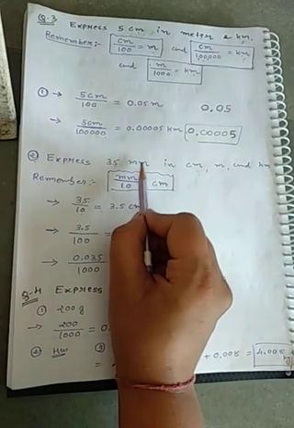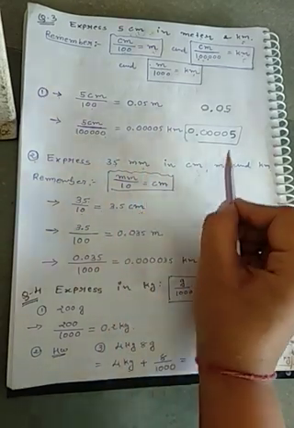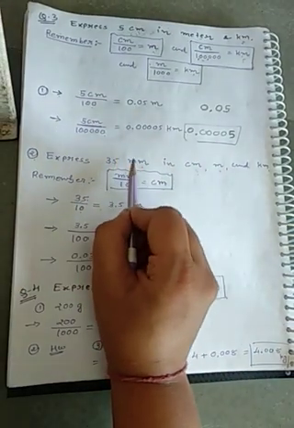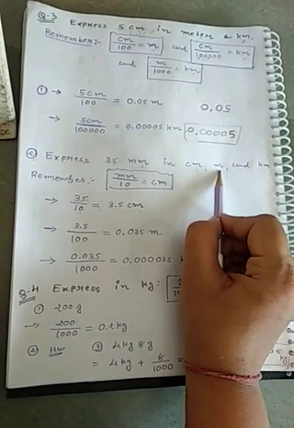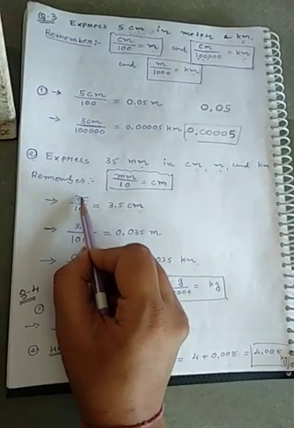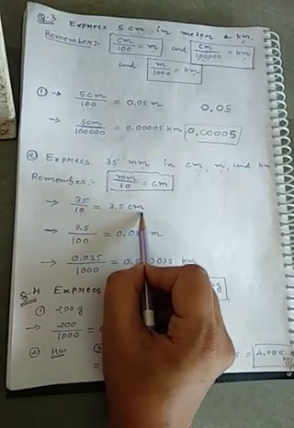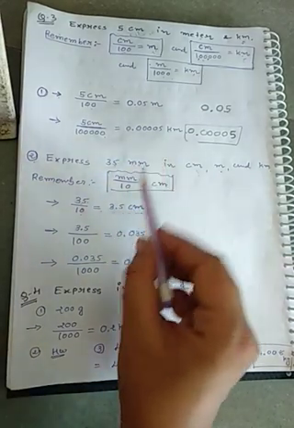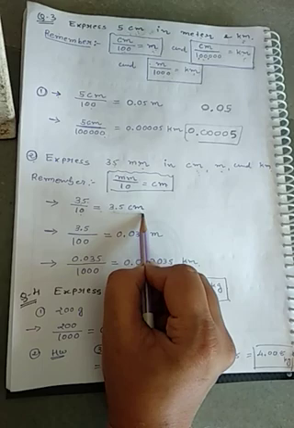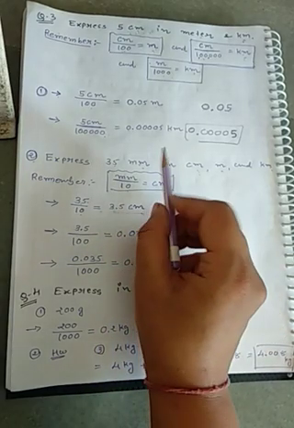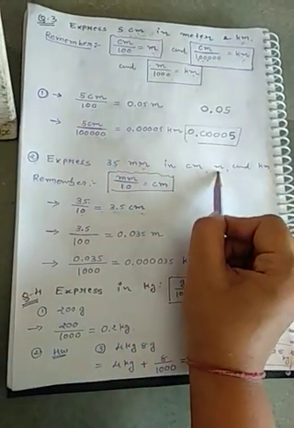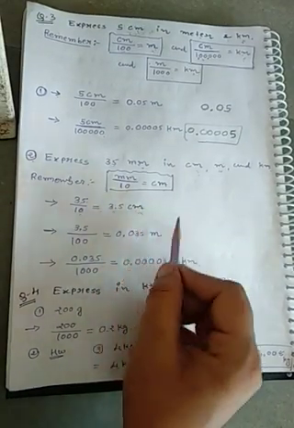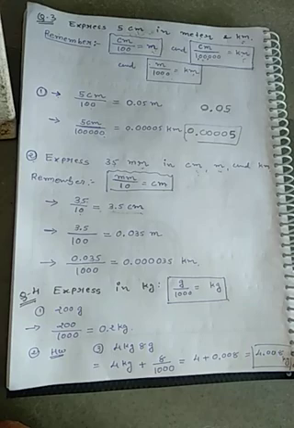Okay, now 35 millimeter into meter. We want to convert this 35 millimeter into meter, but can I say 35 millimeter is what? 3.5 centimeter? Yes, 35 millimeter is equal to 3.5 centimeter. So in place of converting millimeter into meter, if I convert this centimeter into meter, I'll get the same answer.